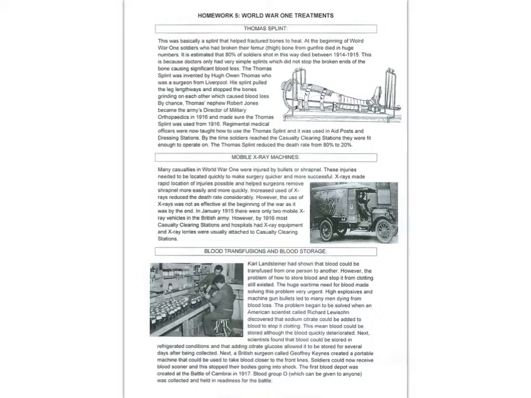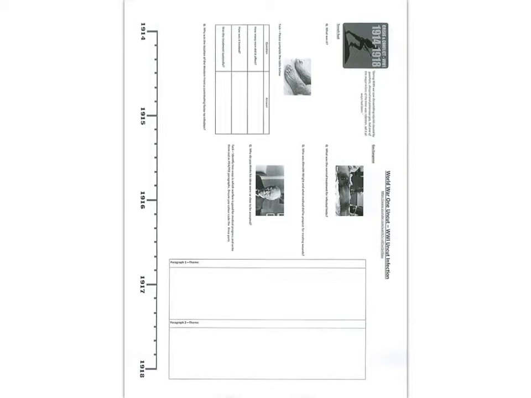We have here the Thomas splint, X-ray machines, blood transfusion, brain surgery, the treating of wounds, plastic surgery. Then you have ability again to make some brief notes under each of those headings.